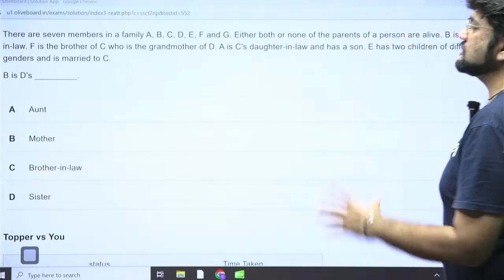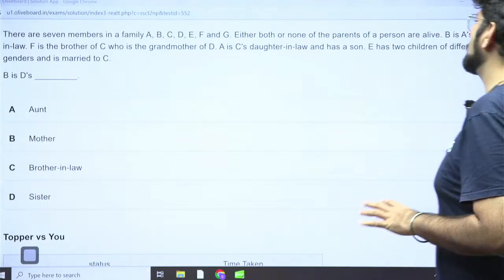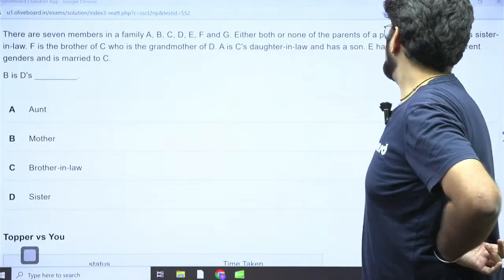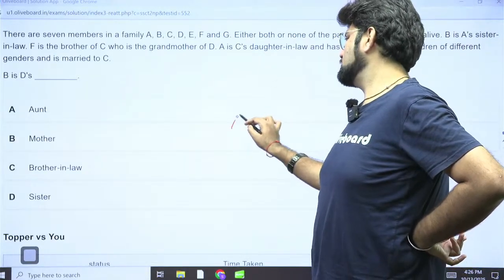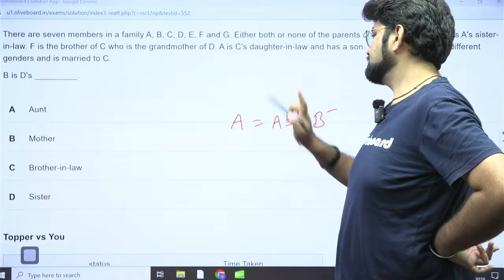Now there are 7 members in a family, A, B, C, D, E, F, G. Either both or none of the parents of a person are alive. B is A's sister-in-law. So if this is A, this is A's spouse, B is the sister.